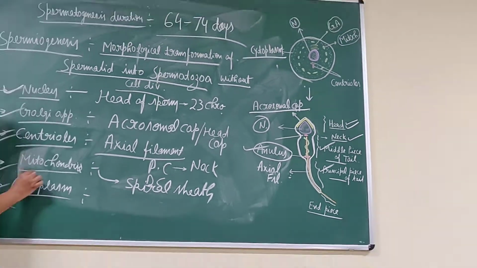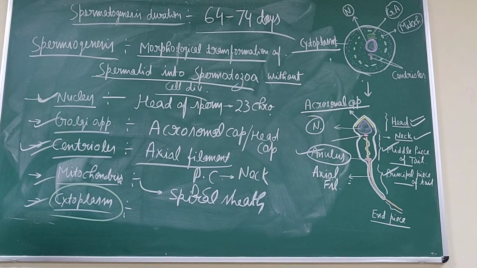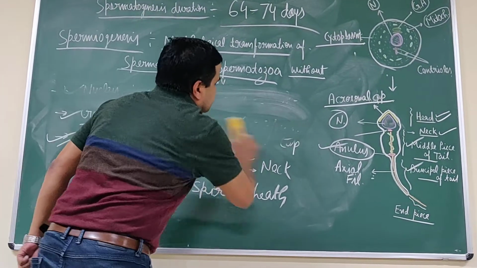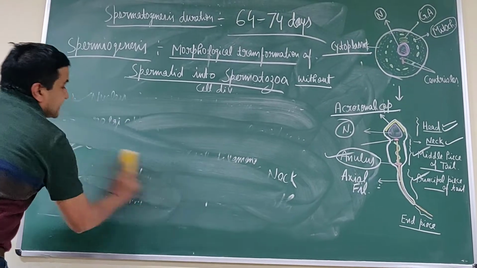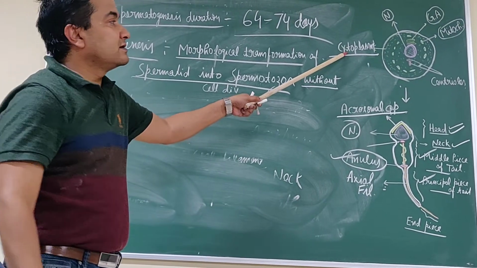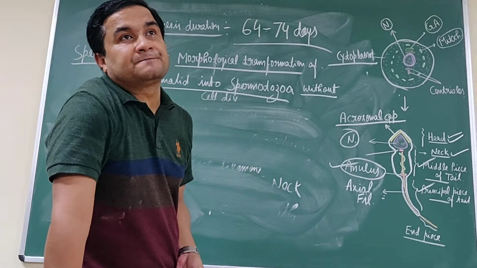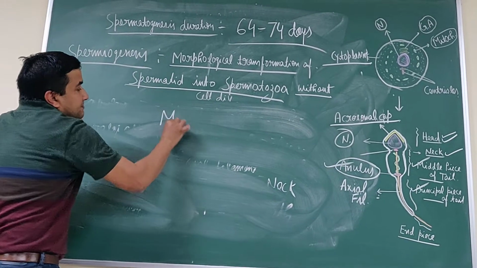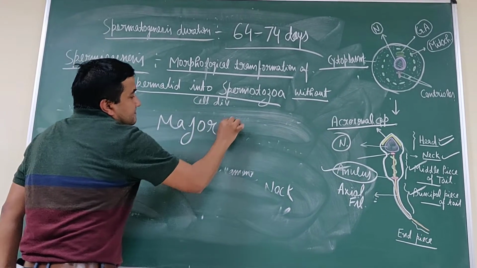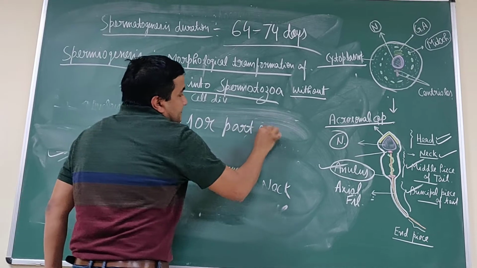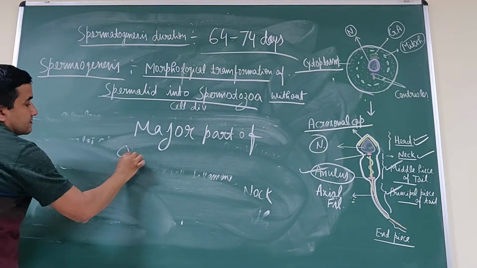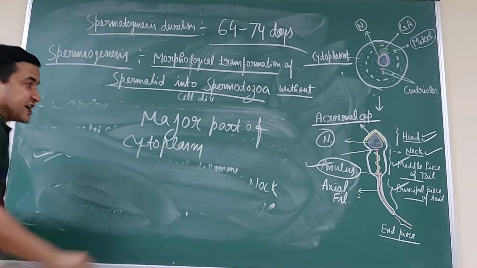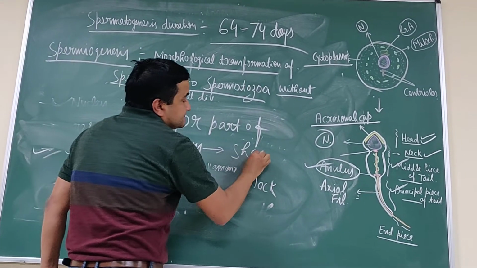Now the cytoplasm. This cytoplasm is abundant in the spermatids, but in the spermatozoa, a major part of the cytoplasm is shed as the residual body.